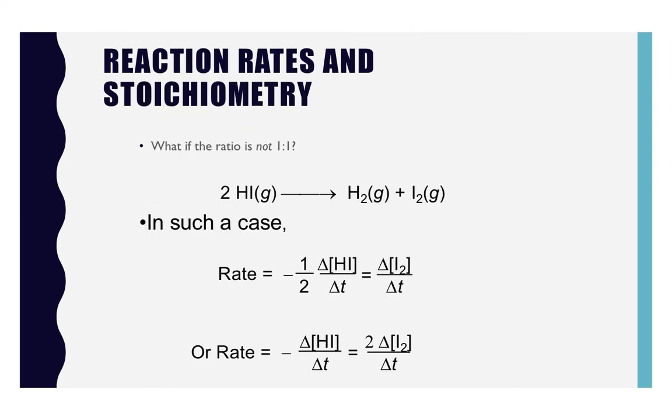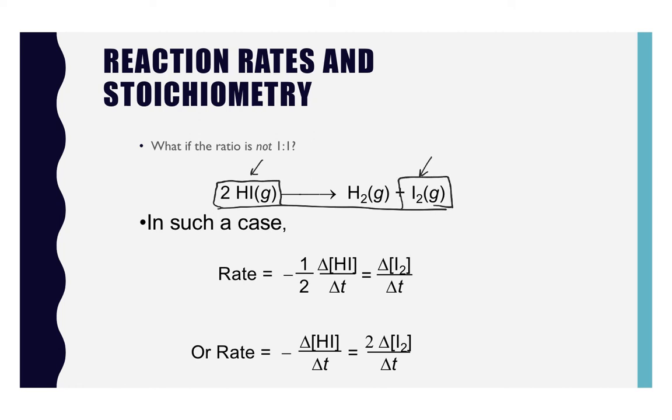So that was nice. What happens if the ratio is not 1-to-1? Well, here's another reaction that we have. In this case, if we're going to compare the reaction rates between the HI and the I2, we will see that for every two of these that disappear, one of those appears.